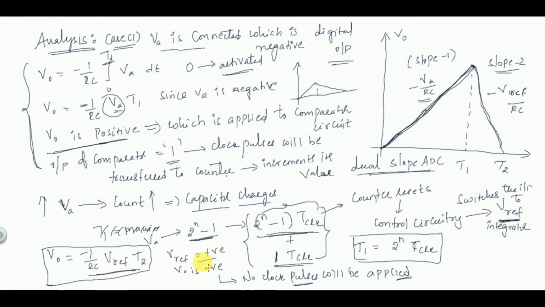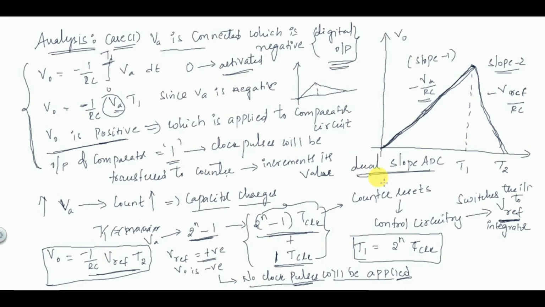Since V reference is positive, V0 becomes negative. When V0 becomes negative, no clock pulses will be applied, the counter stops counting, and the static digital output will be obtained, which is your corresponding digital output. This is what happens in the case of dual slope ADC.